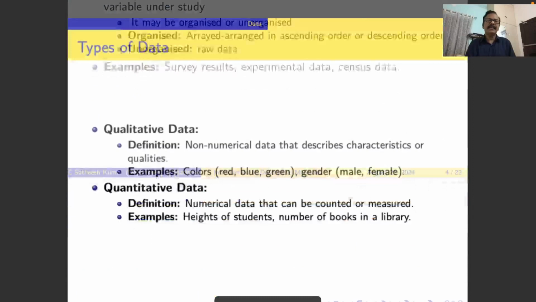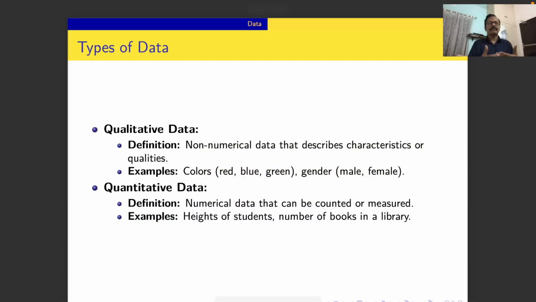Now data are again of different types. One classification is qualitative data and quantitative data. Qualitative data are non-numerical data that describe the characteristics or qualities, for example colors or gender, male, female.